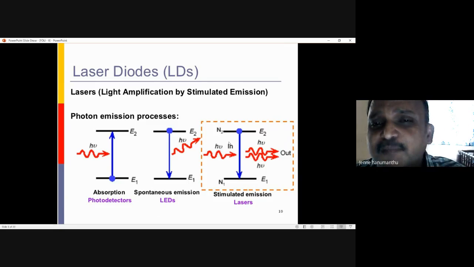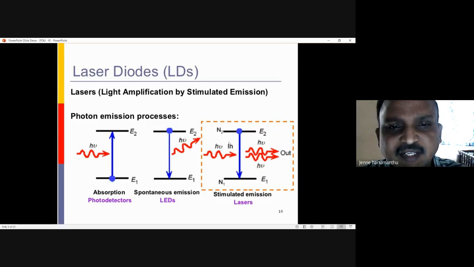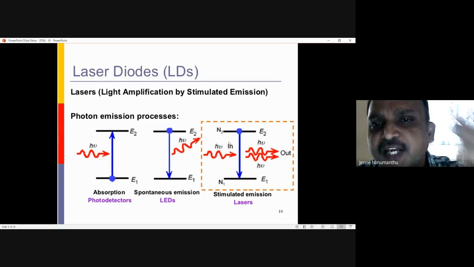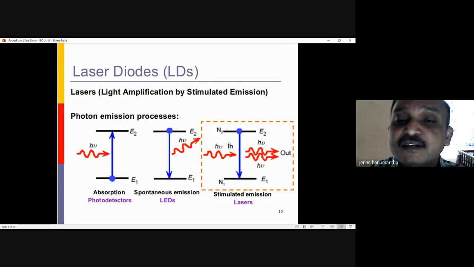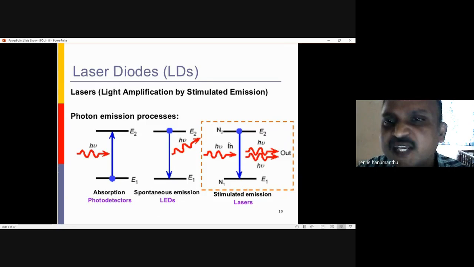The atom does not need any external energy to jump from the high energy state to the low energy state. Simply it jumps from high to low again. That is called spontaneous emission. What is absorption? Absorption means that if you expose a material to radiation or apply external energy, the energy is absorbed by the material, so that the atoms within the material may jump from low to high. That is called the absorption process.